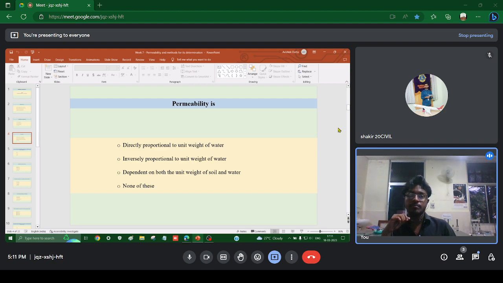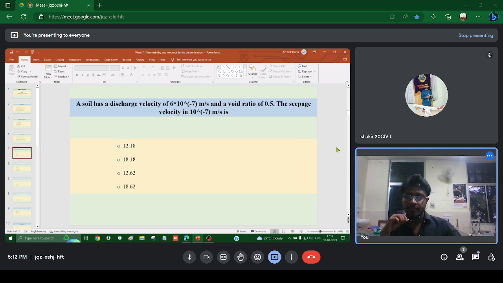I repeat the question. Permeability is directly proportional to unit weight of water, inversely proportional to unit weight of water, dependent on both the unit weight of soil and water, or none of these. Next question.